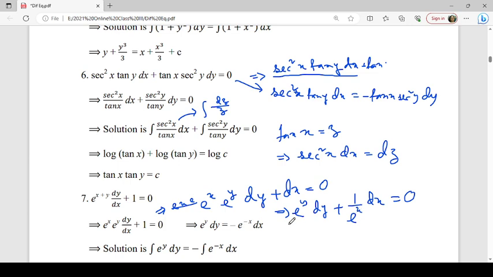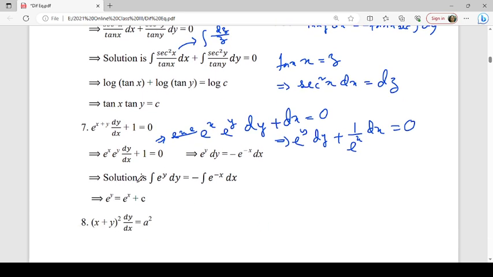And this is going to the right hand side, so it comes minus, and 1 by e to the power x means e to the power minus x, and then integrate. So the solution is now integration of e to the power y, integration is e to the power y, then this integration is e to the power minus x.